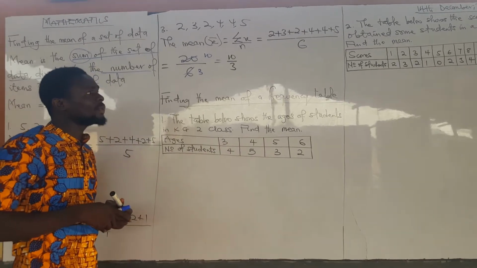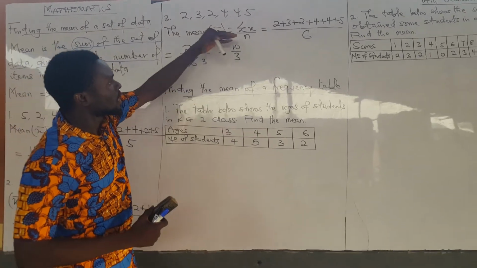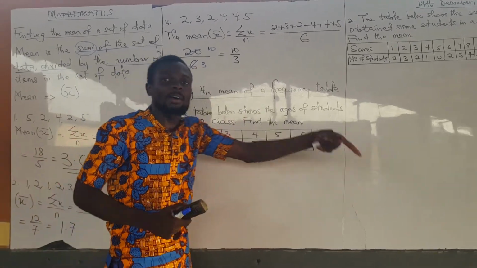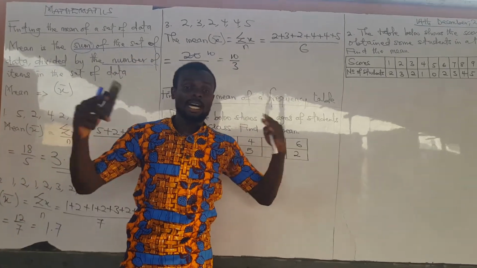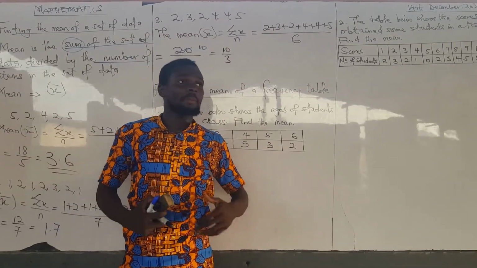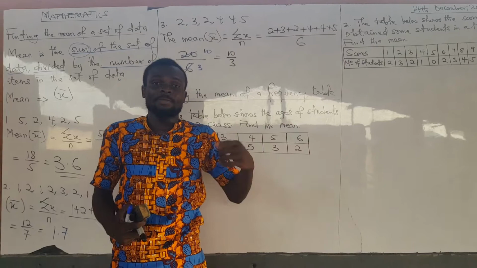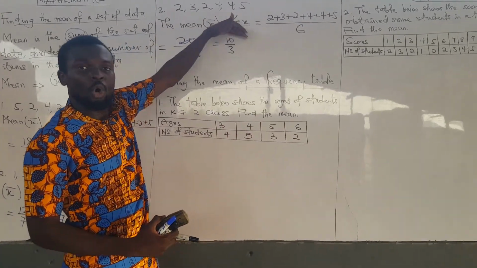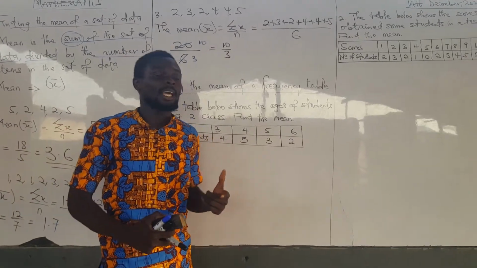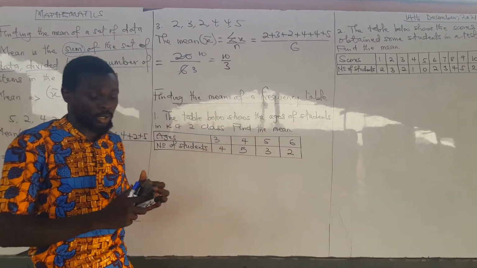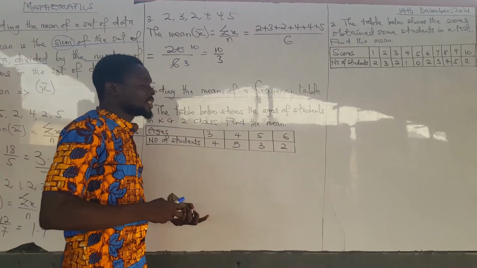And with this one, we can say that 10 over 3, we can leave it in a decimal form. Anytime you are calculating for mean, you have to leave it in a decimal form, because sometimes you'll be asked to round it to a given decimal place. So converting 10 over 3 into decimal, you are going to get 3.3333333333 continuously, or we say recurring.